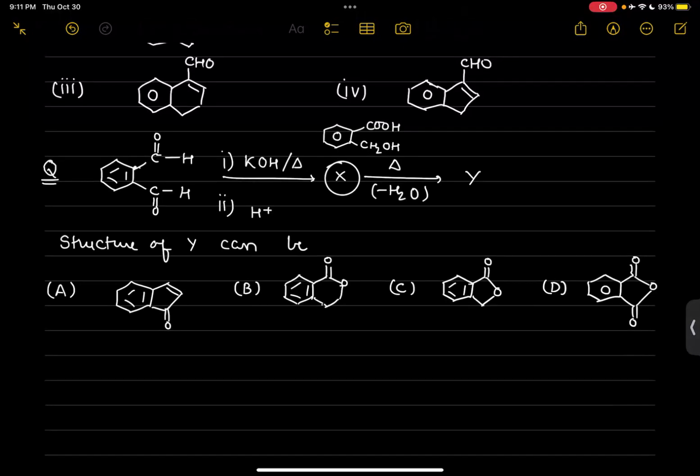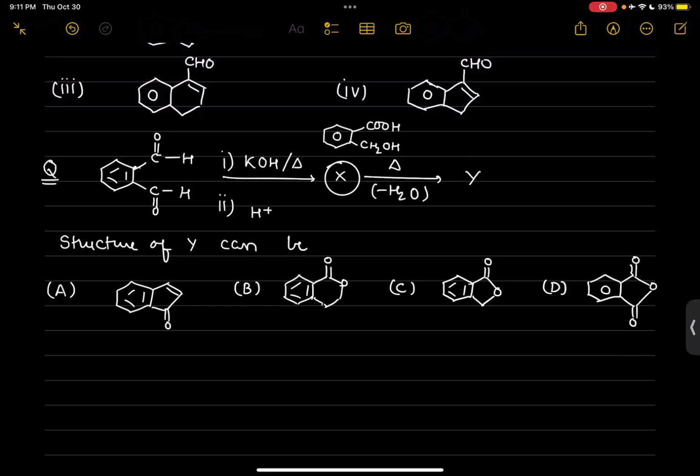So we are just close to the answer. Now if you heat alcohol and carboxylic acid, what happens? You might have studied this in class 10th also, because that is a test for alcohol and a test for carboxylic acid, and it gives a compound which has a fruity smell.